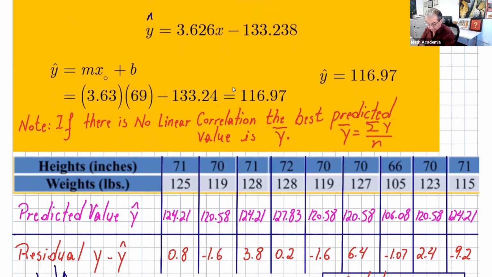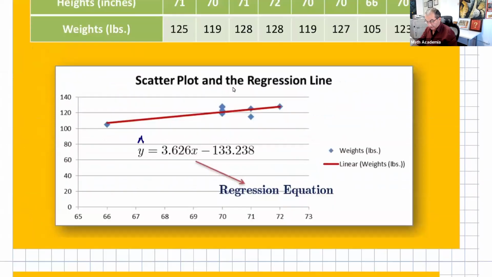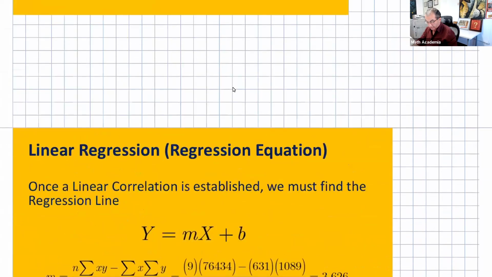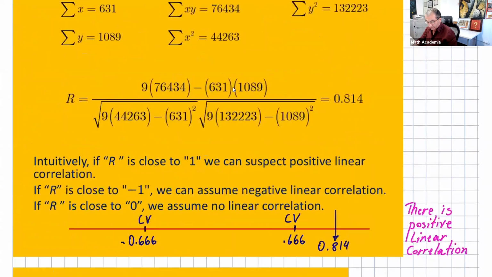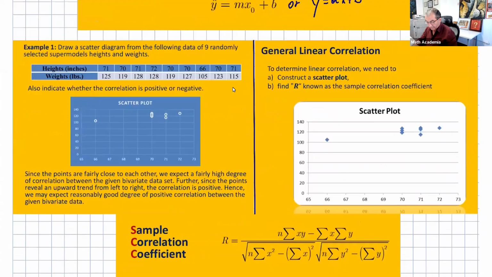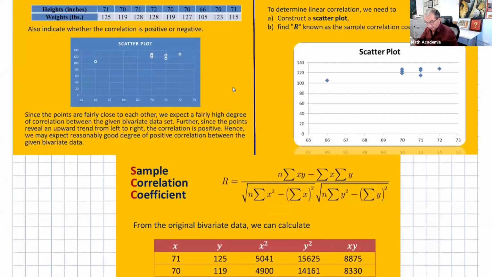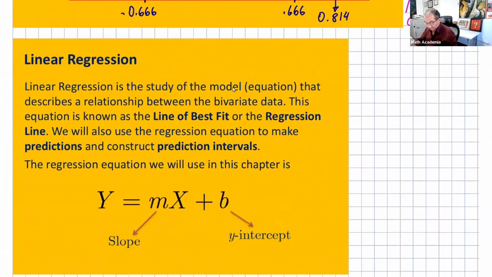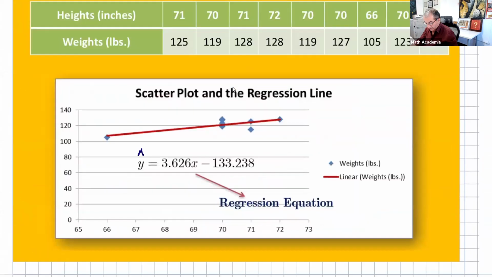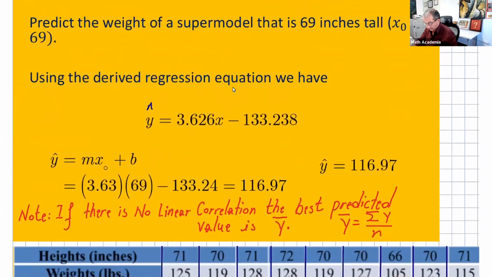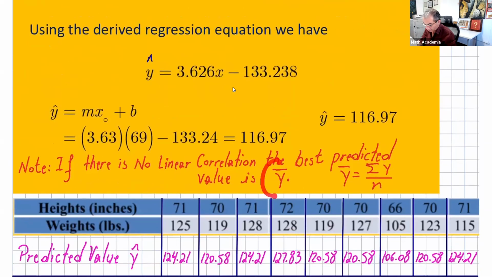Very important note here, if there is no linear correlation, that means you do all these calculations and your R falls here, there's no linear correlation. If the question or the problem asks you for the best predicted value, in that case, the best predicted value is going to be y bar.